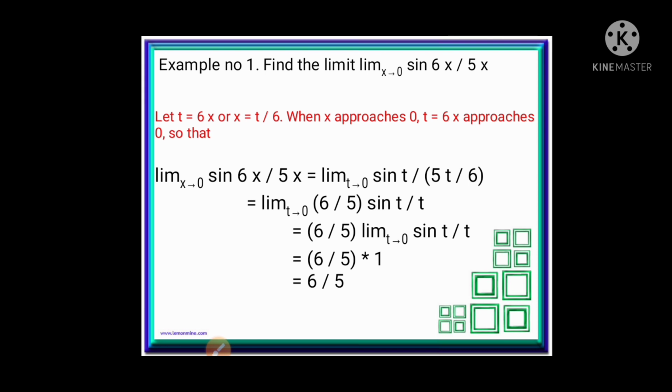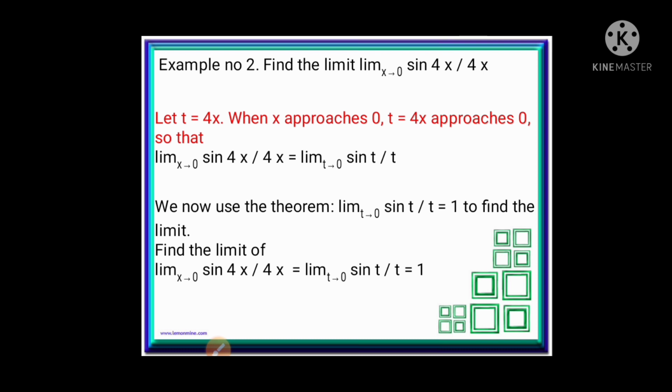So it's equal to the limit of 6 over 5 times sine t over t as t approaches 0, which is equal to 6 over 5 times the limit of sine t over t as t approaches 0, which is equal to 6 over 5 times 1, or 6 over 5. So our final answer is 6 over 5.